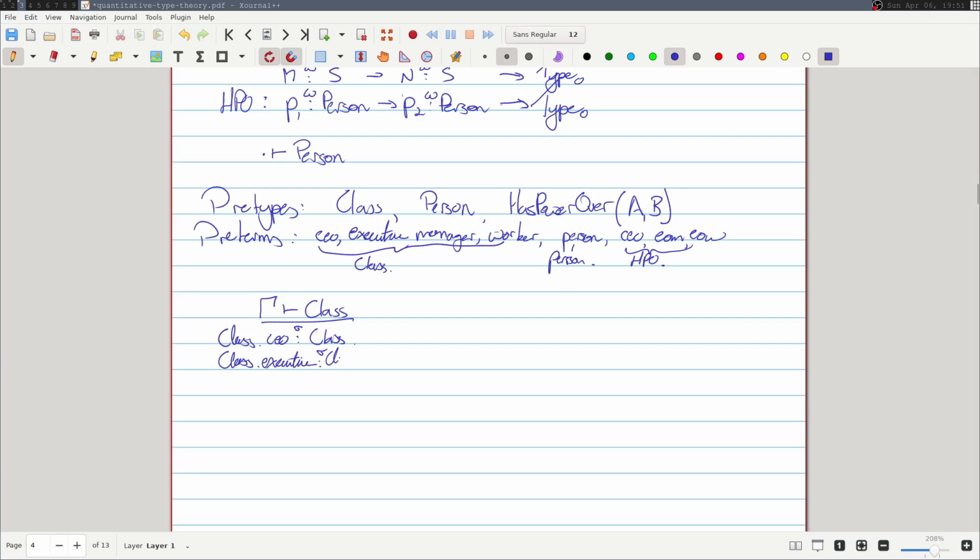Use sigma times is of type class, and the other two where sigma has to be equal to 0, 1. Right, so in this case, the CEO and the executive are the preterms, or we've used the word primitive, I guess. Well, I suppose they're not really preterms, they're just terms. They're just terms and types, but whatever, it doesn't matter. I don't think that distinction is important on a practical level. It sounds like a philosophical thing to me.